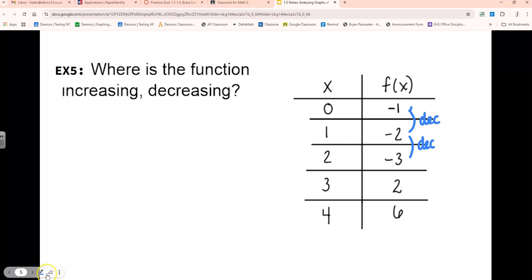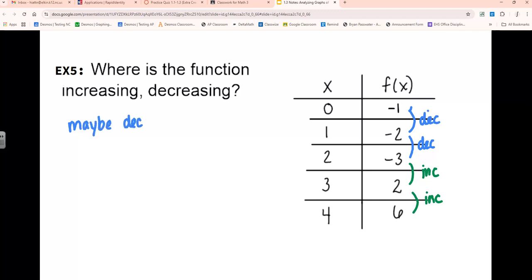Let me switch colors there. All right. That's increasing. How about from 2 to 6? Also increasing, right?